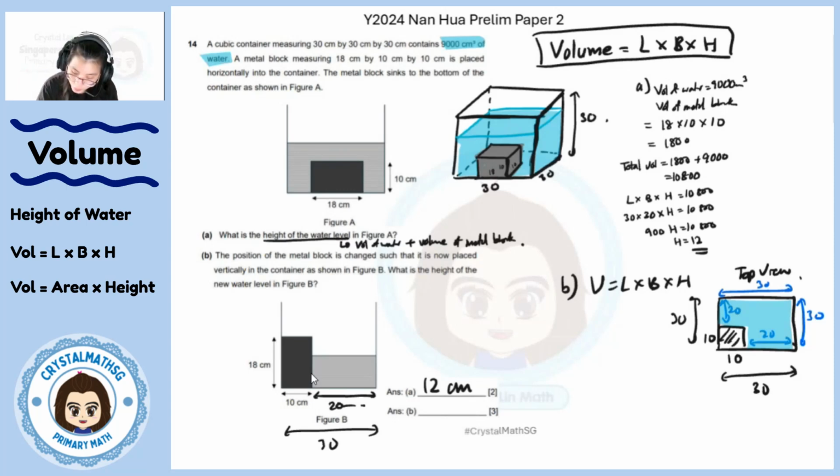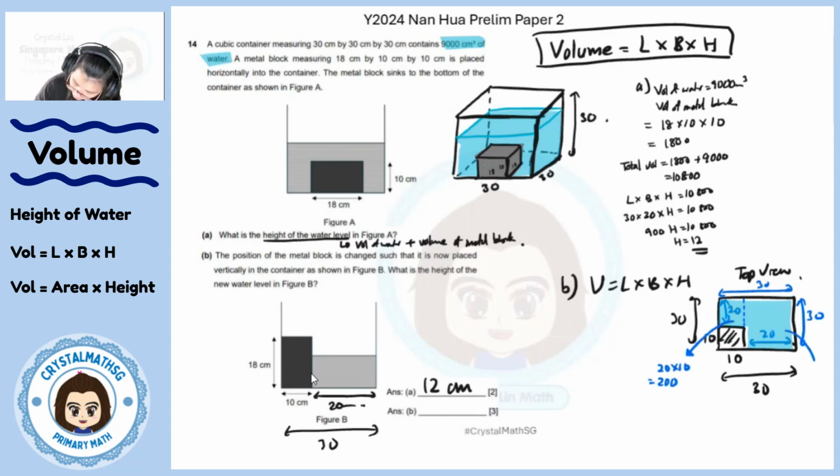Because we do know the volume of water is 9,000. So what we don't know is this blue color area. So how to find this blue color area? We can cut the diagram up. You have a 20 by 10. This portion is 20 times 10 to give you 200.